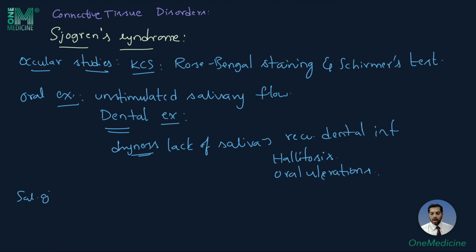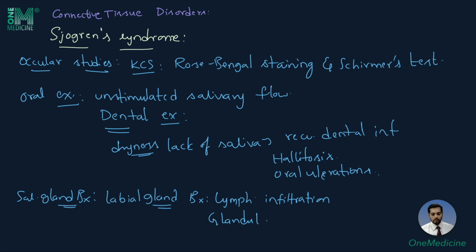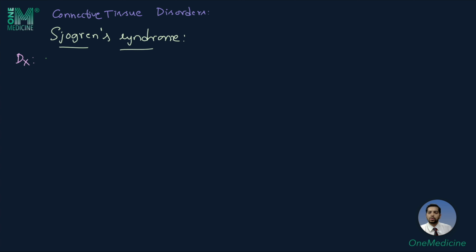Salivary gland biopsy can also be done, particularly the labial salivary gland biopsy. This demonstrates lymphocytic infiltration and also glandular destruction. In diagnosing Sjogren syndrome, EULAR, that is European League Against Rheumatism, or American College of Rheumatology criteria is used.